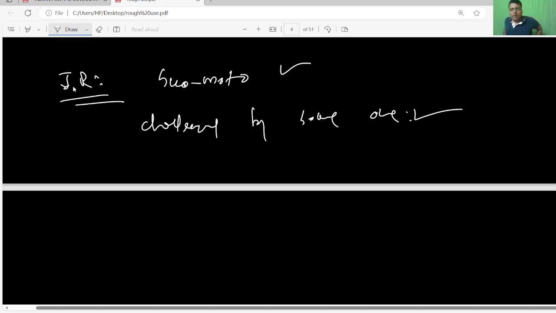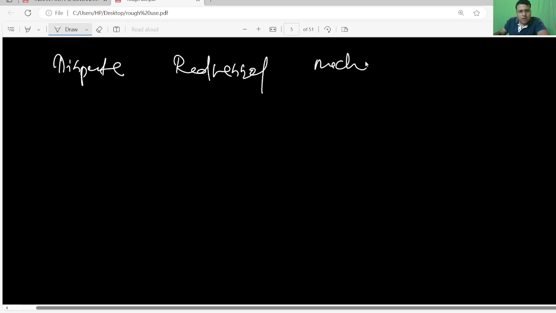So today's discussion is dispute redressal mechanism and institution.